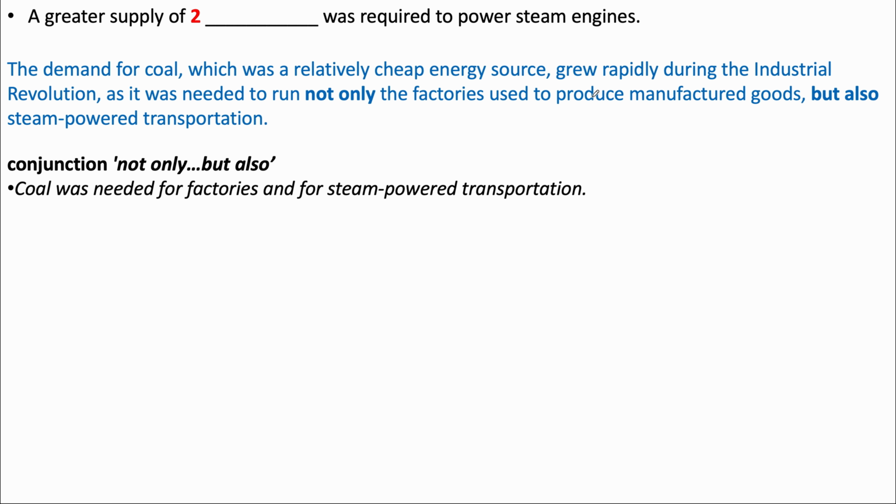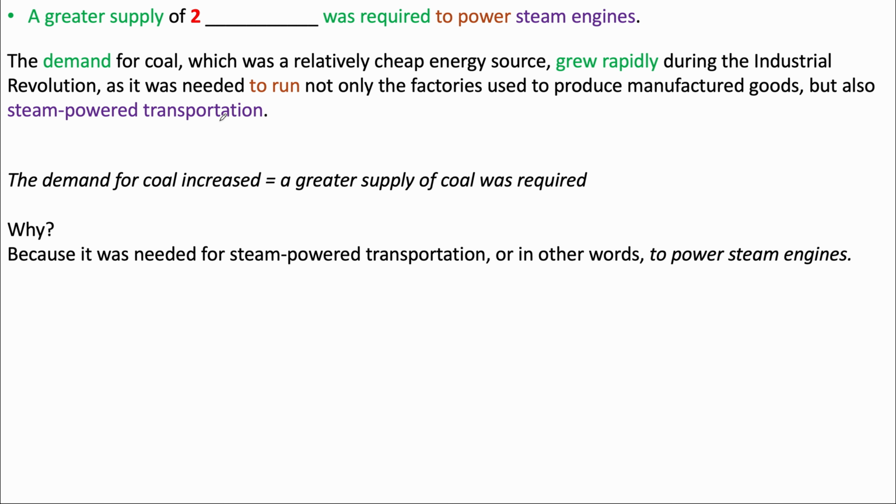The sentence also uses the conjunction not only but also. This is a way of listing two related things. It means both factories and steam powered transportation needed coal. If we rewrite this part, we can say coal was needed for factories and for steam powered transportation.